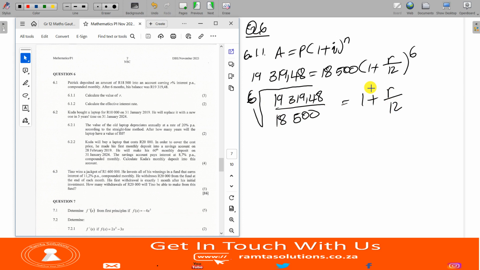So let's see, the 6th root of 19,319.48 over 18,500. What are we getting?